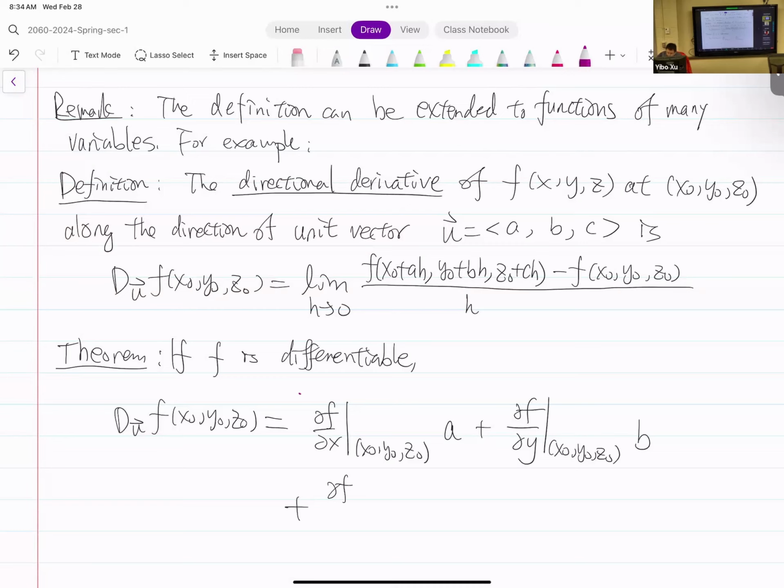So these are the original 2 terms in the directional derivative, right? Here we have the third component. We have the third variable. Okay, so we just fill out everything, multiplying c.